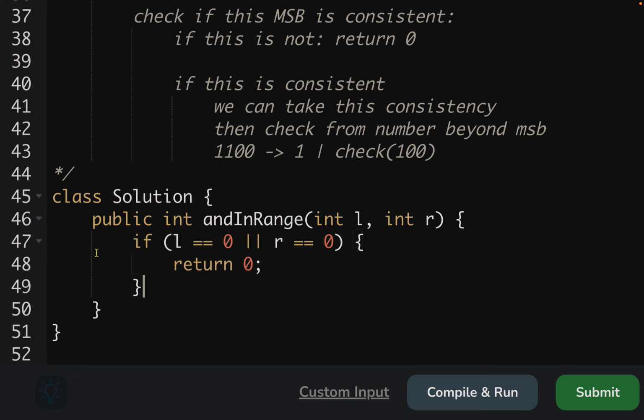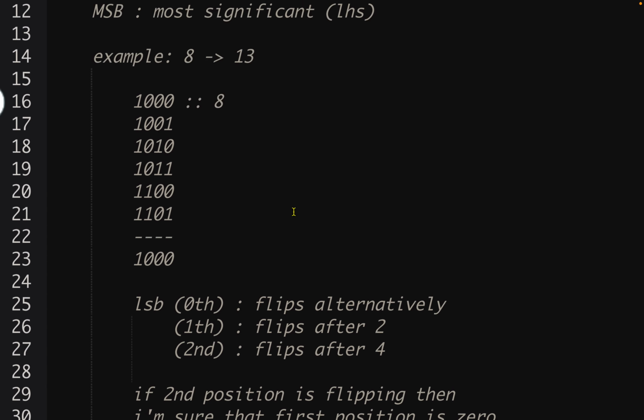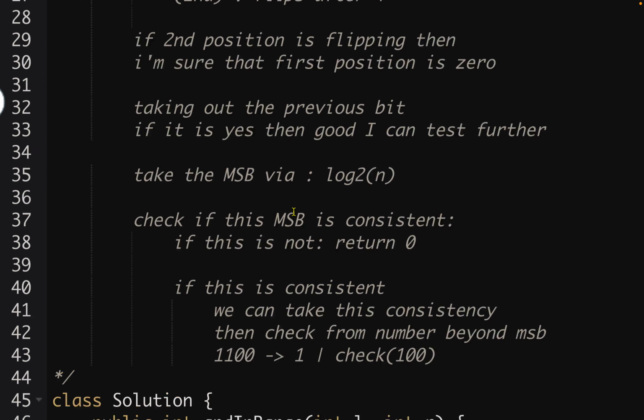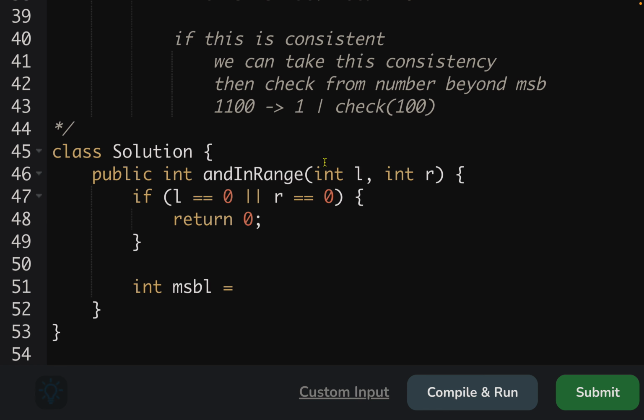So if I'm going into the code and the logic seems concrete right now, nothing is stopping us from getting into the code. I'll get the MSB as per our logic. There will be two MSBs, the MSB of left and right, the leftmost number in the range and the rightmost number in the range.